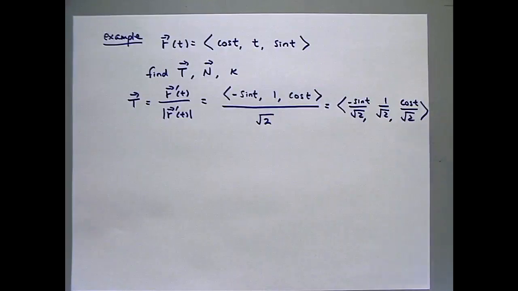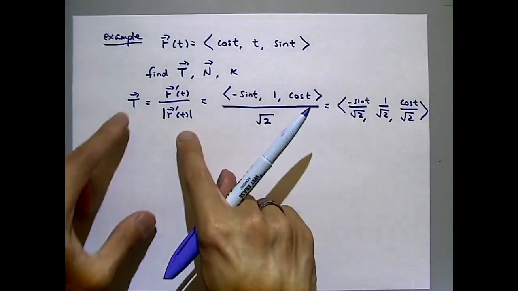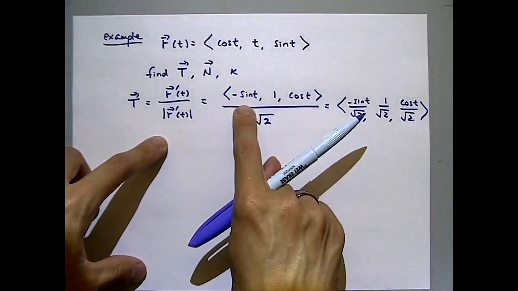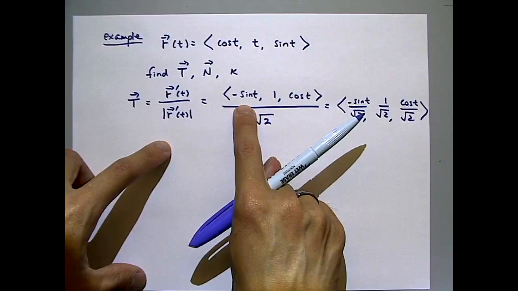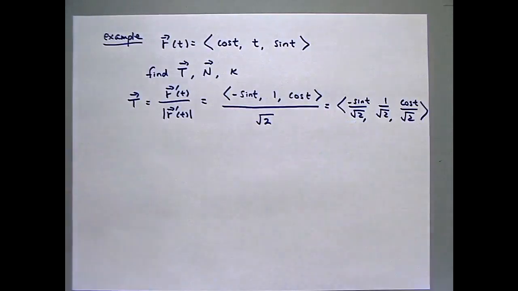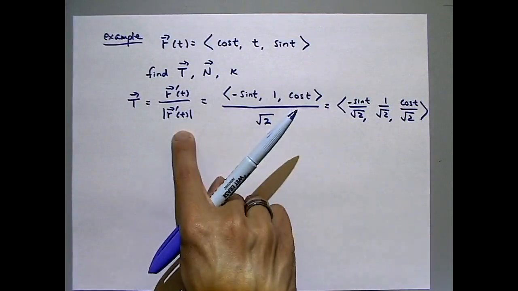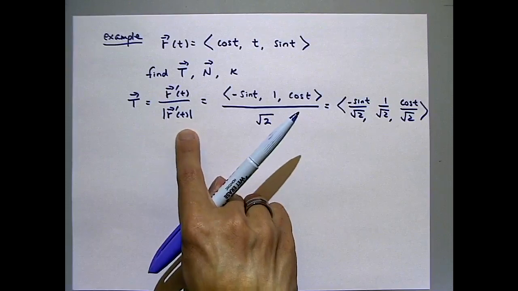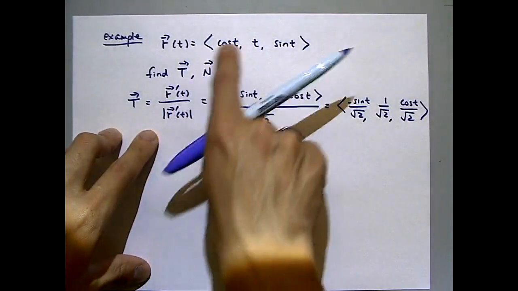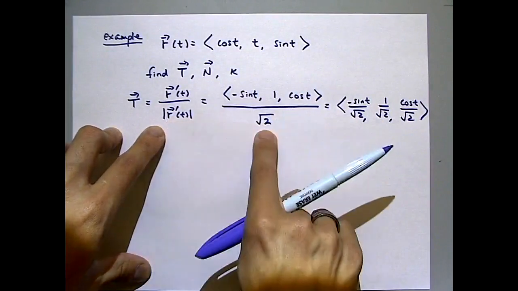It's a vector that's always tangent to the helix and always has a magnitude of 1. This is the definition of T: I took the derivative to get r prime, divided by the magnitude.